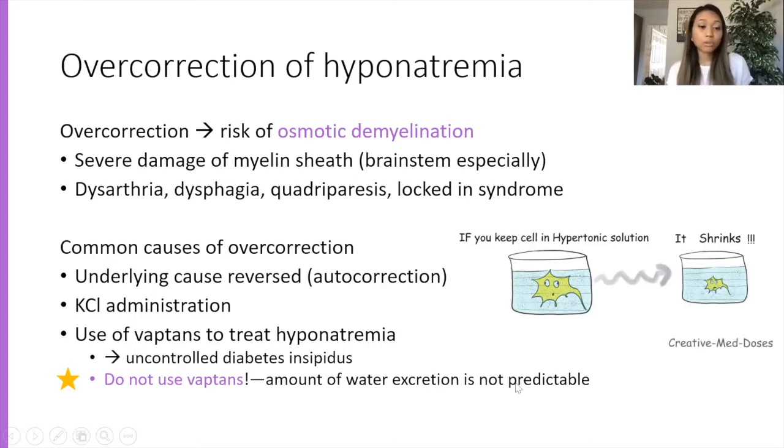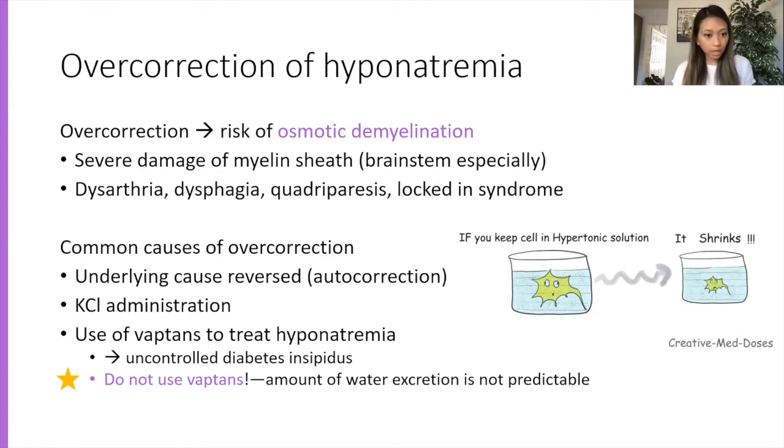You'll get dysarthria, dysphagia, paralysis, and locked-in syndrome, which personally is a nightmare of mine, where if you're not familiar with it, all the voluntary skeletal muscles in your body are paralyzed. You cannot move them, but you're still conscious. Like you're in there, you can think, you can process what's going on around you. And if you're lucky, maybe you can move your eyes and blink, but that's it.